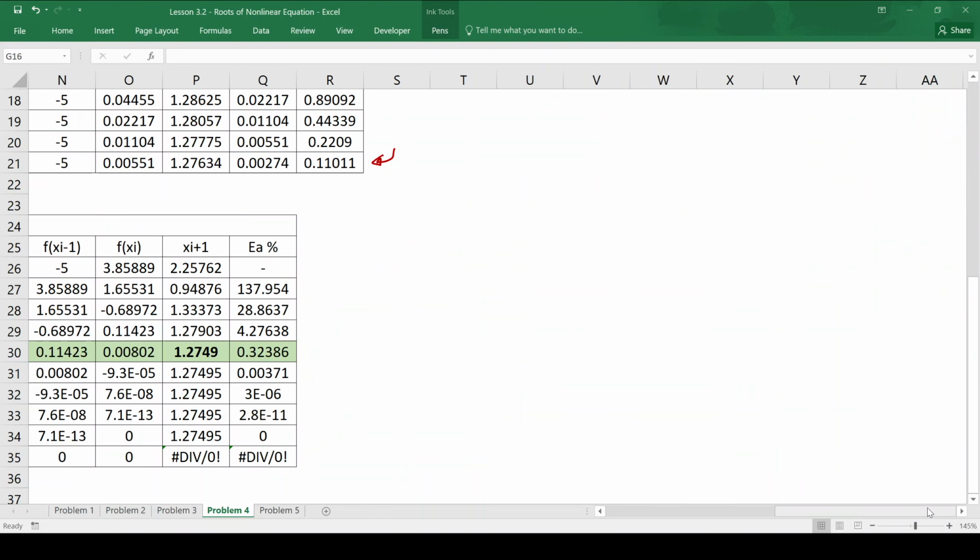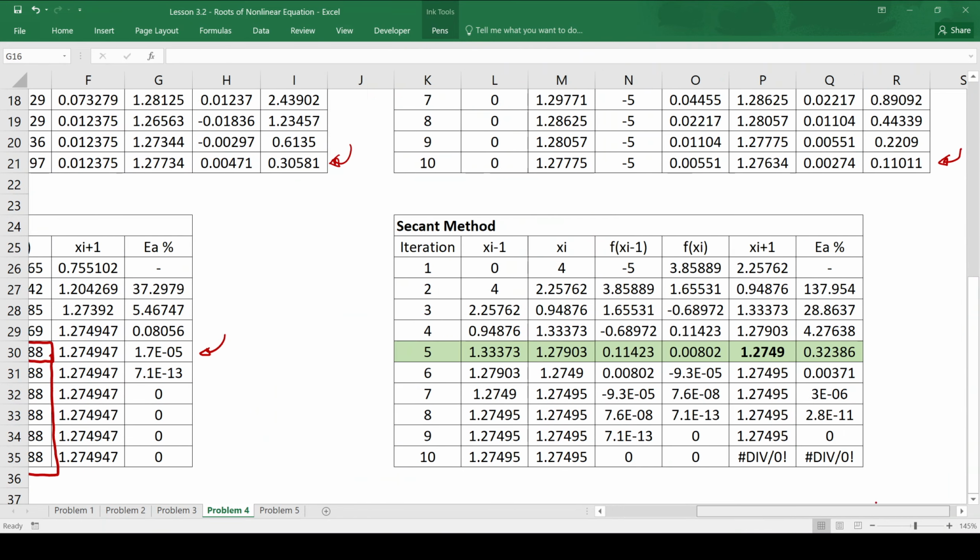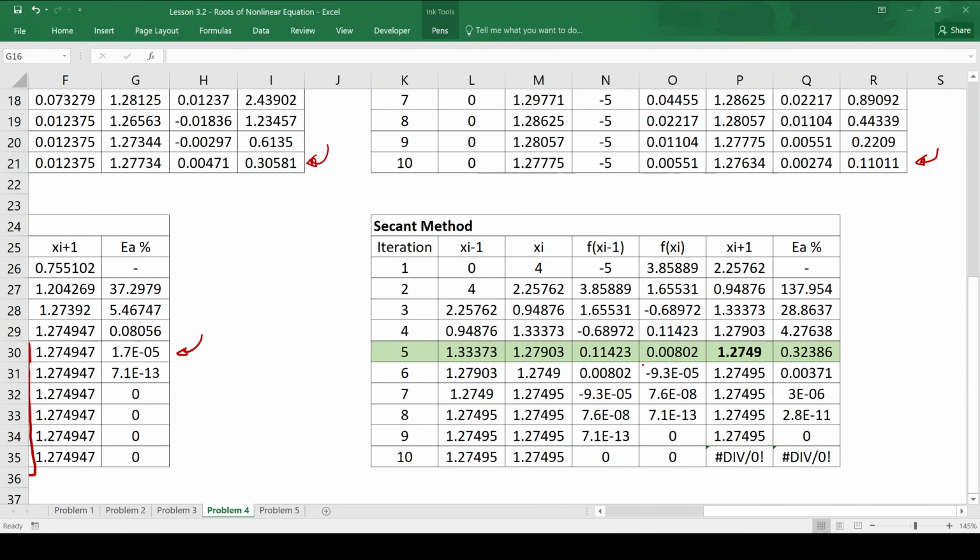And lastly, using the second method, at the fifth iteration, we have a head of 1.2749 meters, an error of 0.324%, and by succeeding iterations, it has already become stable at 1.27495.